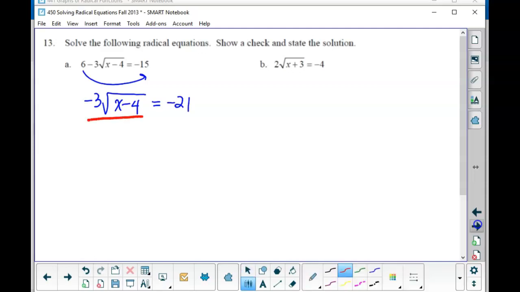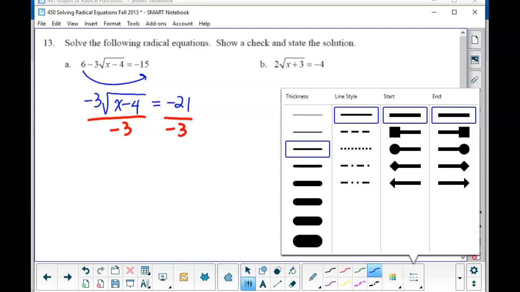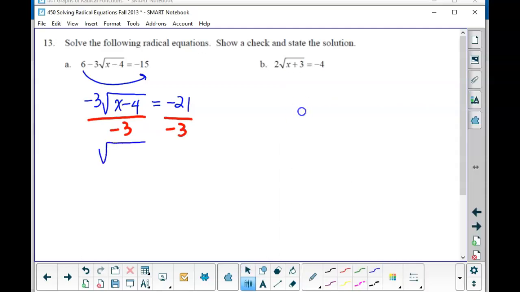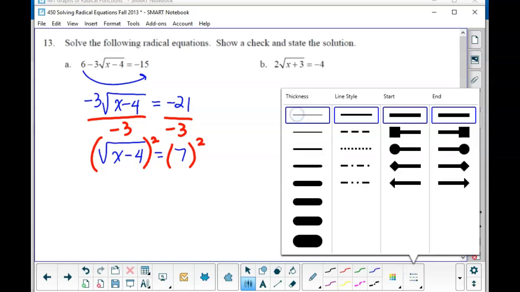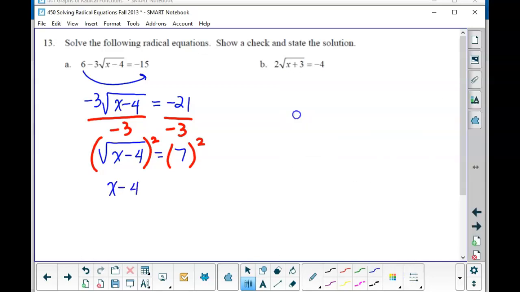And then I'm going to divide by -3. Then you're going to square both sides. And then bring the 4 over. So that's 53.